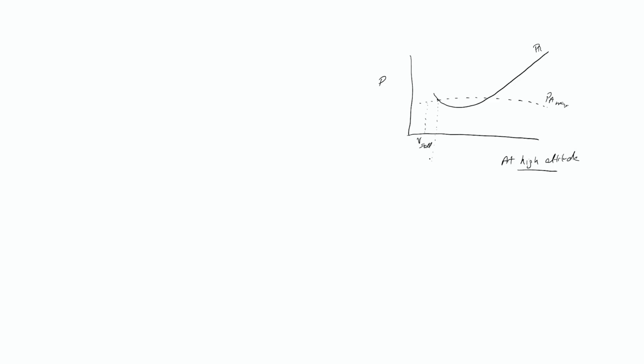This low speed intersection will define your V minimum. Okay, so this is the point worth noting over here. So hence stall speed cannot be achieved in steady level flight. Okay, so this point is actually worth noting.